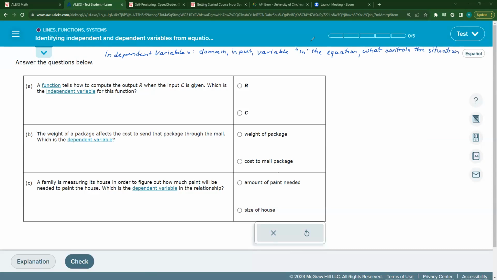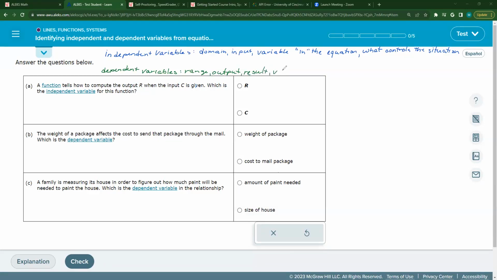All right, so then the dependent variables. Those are the range. They're the output, the result.